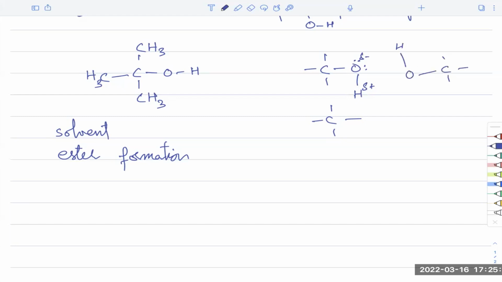So if I had this, then the lone pair on this oxygen will attract this hydrogen and that will attract this hydrogen. So that is going to form some sort of a lattice, some sort of structure, which is not possible in methane or other things.